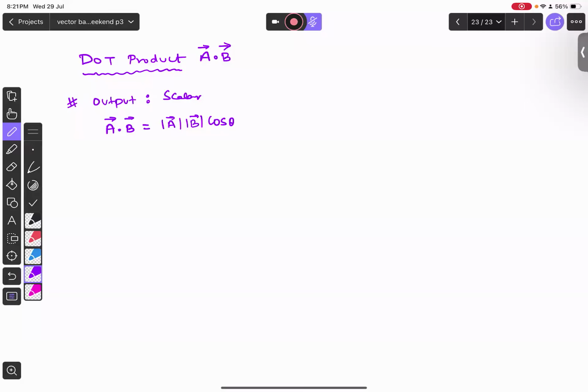As you can tell, modulus of A is the length, modulus of B is the length, and cos theta is again a scalar thing. So multiplying three scalars is what we really do here. Only scalars are involved. That's why the dot product is totally commutative in nature. Whether you find A dot B or B dot A, both are the same. So the dot product is totally commutative in nature.